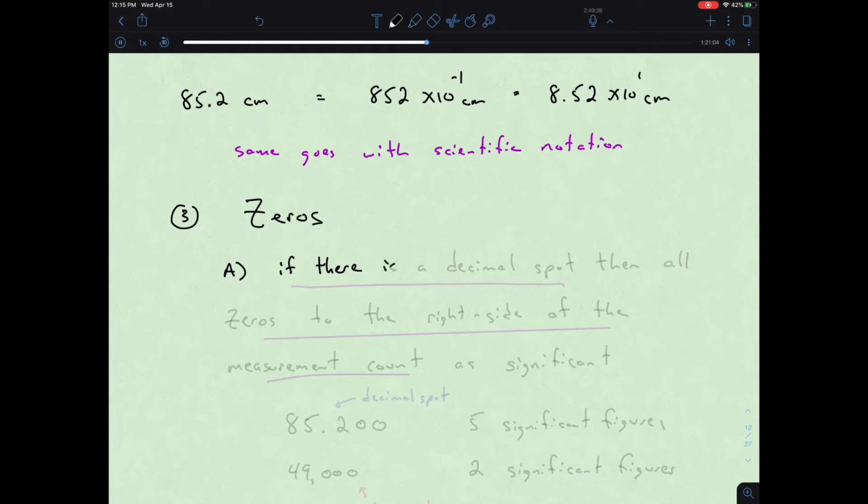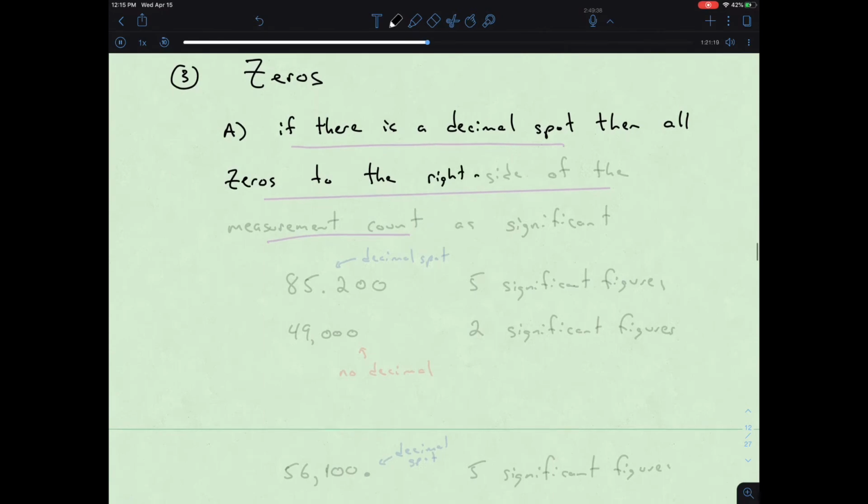If there is a decimal spot, then all zeros to the right side of the measurement count as significant.